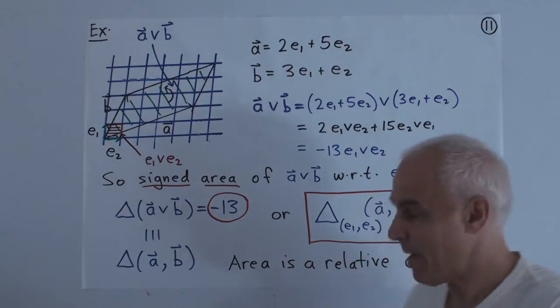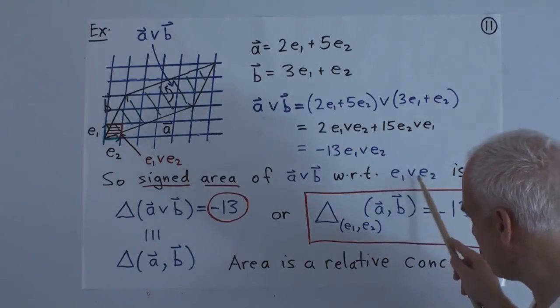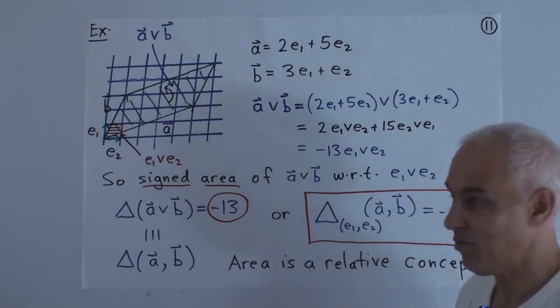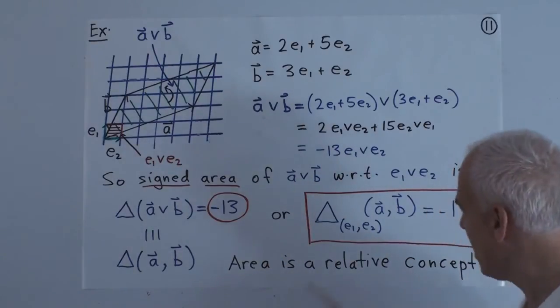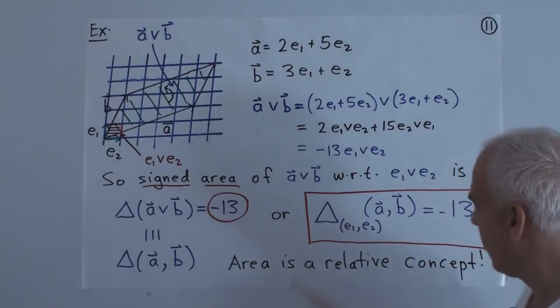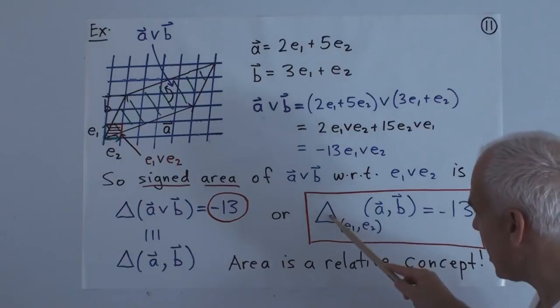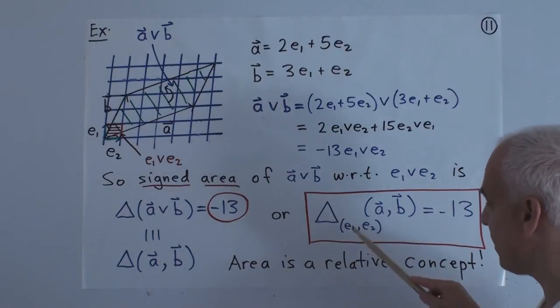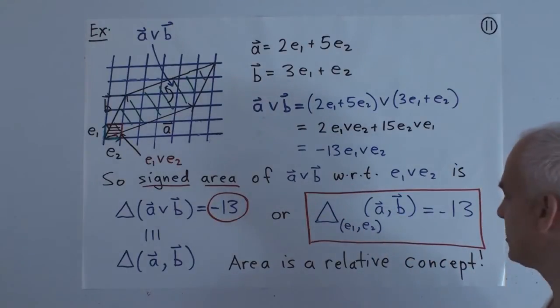And if we want to make the dependence explicit, make sure that everybody knows we're talking about e1, e2 because there may be other vectors in the situation, we'll put e1, e2 down here at the base of this delta function. So this is saying that the signed area of AB with respect to e1, e2 is minus 13.